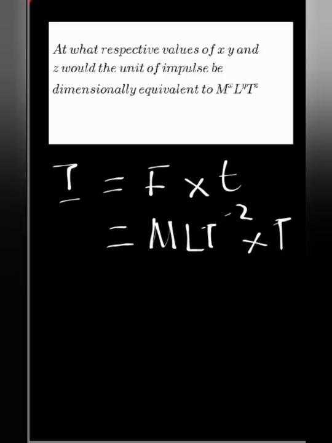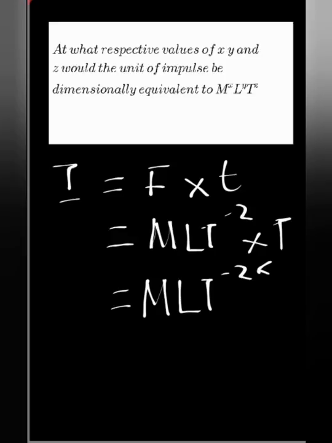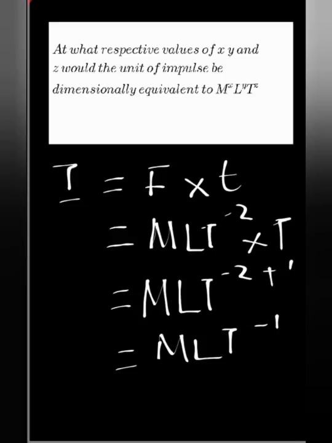This implies that by simplification, we are going to have MLT raised to power minus 2 times T, so we have minus 2 plus 1, since the Ts are the same. Then we'll have MLT raised to power minus 1, which gives the dimension for impulse.